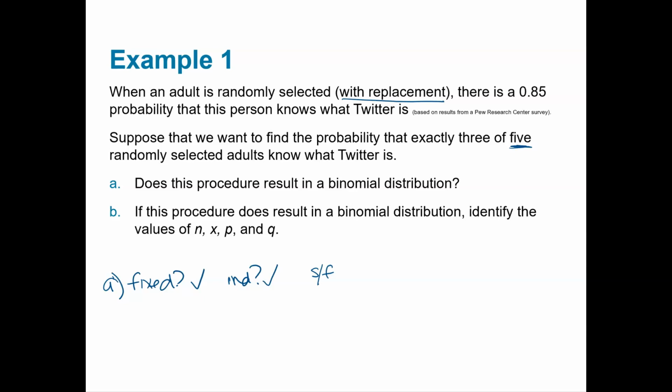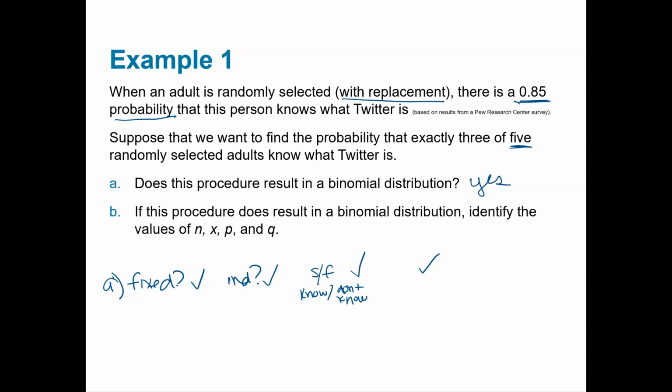So let's think about this. They either know what Twitter is or they don't. So that is 2 things, success and failure. And the last one is, is the probability of success the same? And yes, this probability doesn't change. So yes, this is a binomial distribution.